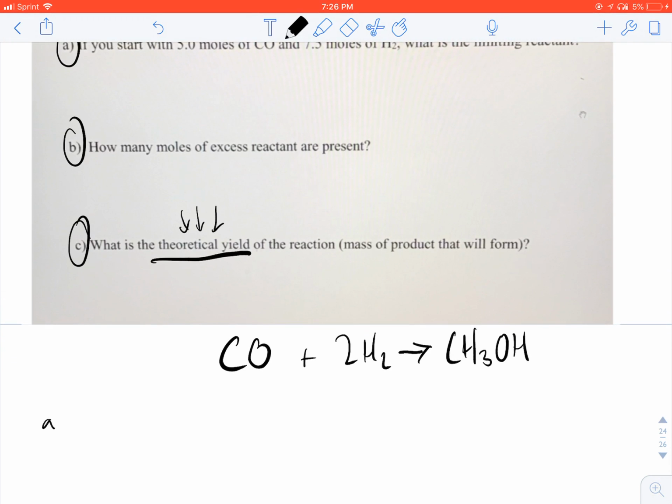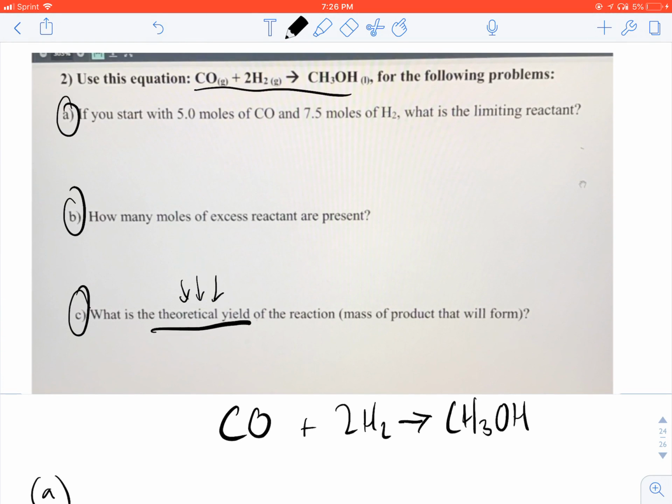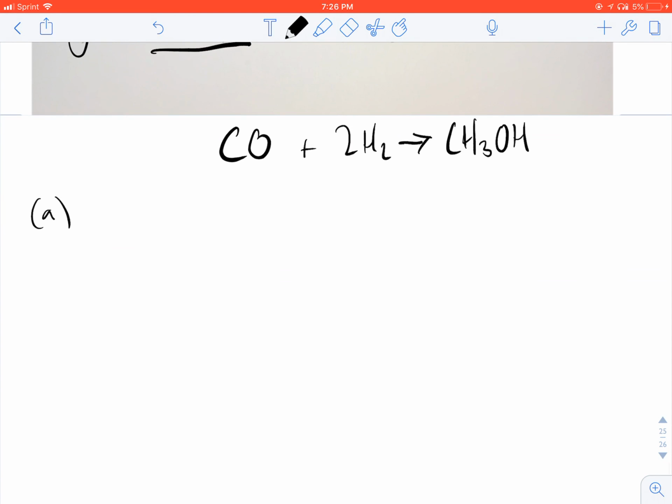So in question A, it says if you start with 5 moles of carbon monoxide and 7.5 moles of hydrogen gas, what is the limiting reactant? All right, so we have 5.0 moles carbon monoxide, 7.5 moles of H2.